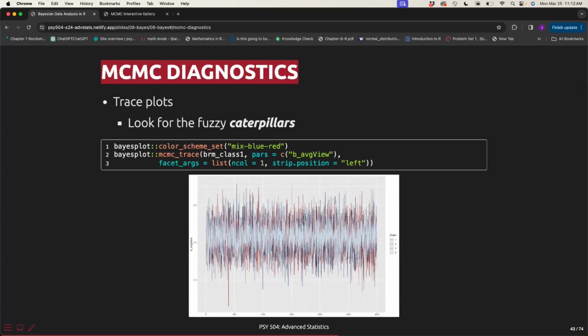A central characteristic is called stationarity, where every chain is basically sampling from the same sample space, right? So the same mode and same mean. All of these iterations are exploring the same parameter space, and that's what we want to see here.